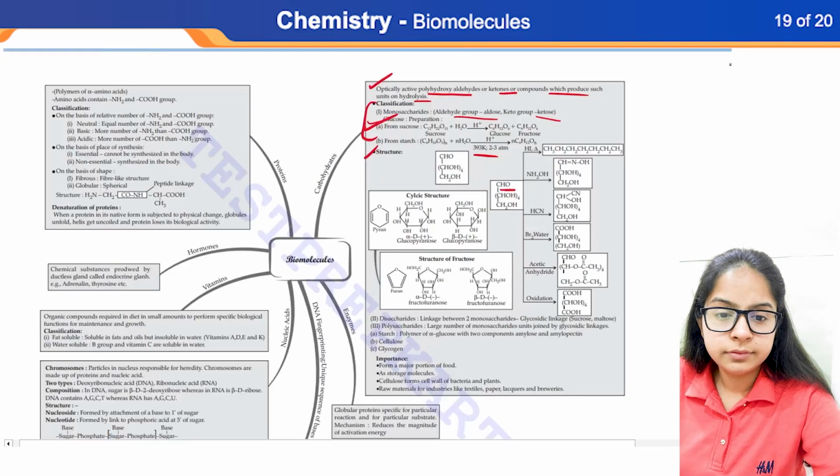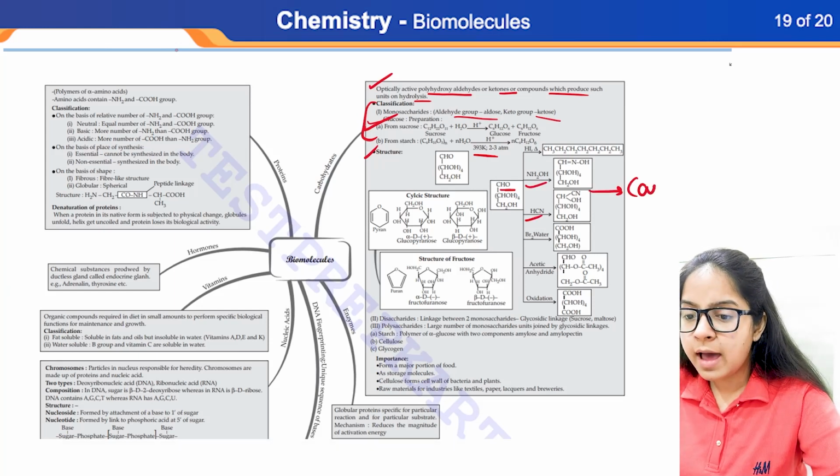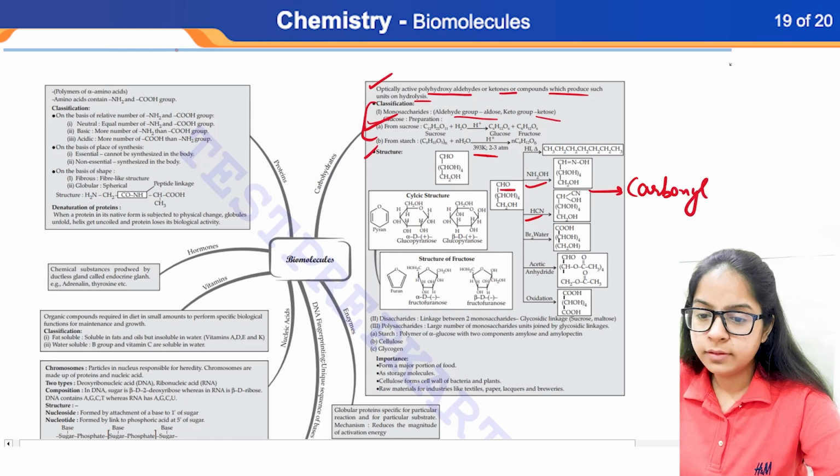These reactions tell us that the carbonyl group is present over here. CH double bond NOH, CHCNOH.